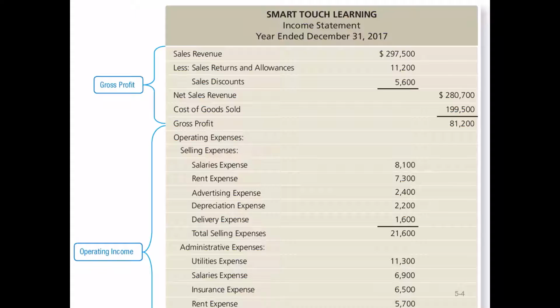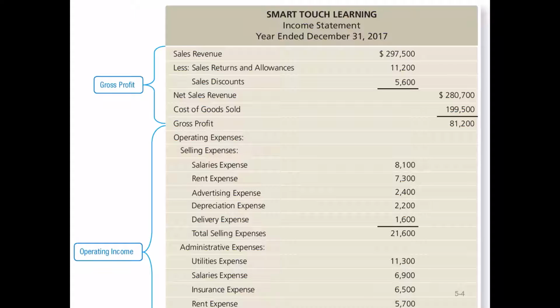Because we have two contra revenue accounts, those accounts show up here as a reduction to sales revenue. Sales revenue minus sales returns and allowances minus sales discounts equals our net sales revenue.